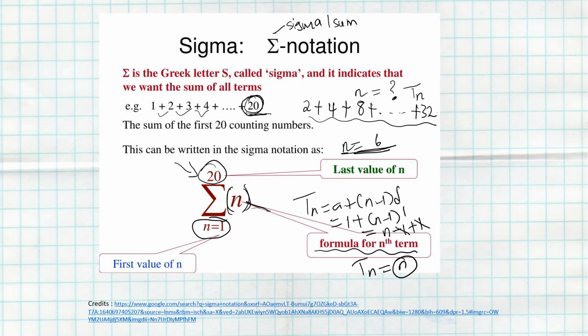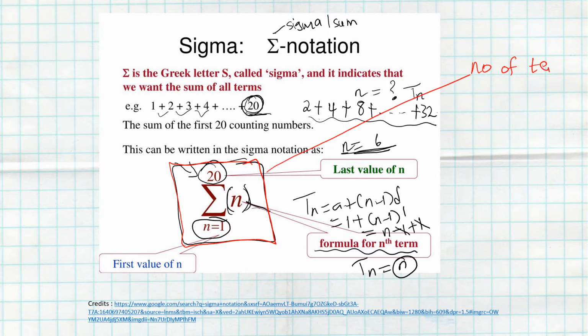Okay, another important piece of information. In sigma notation, we might want to learn how to calculate the number of terms. There's a formula for calculating the number of terms in sigma notation.